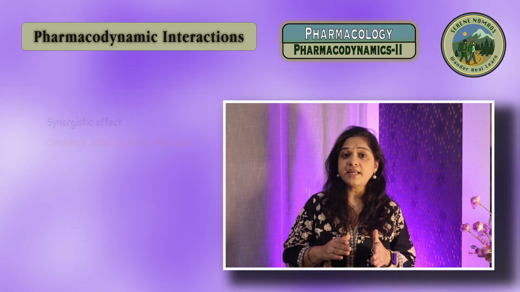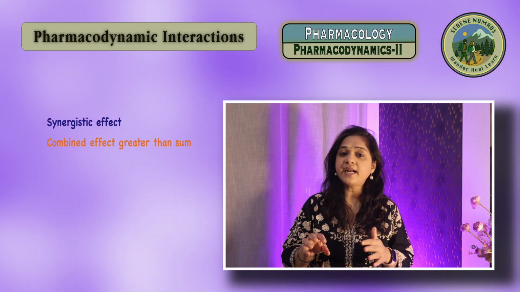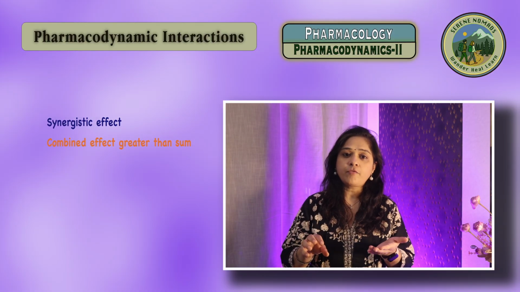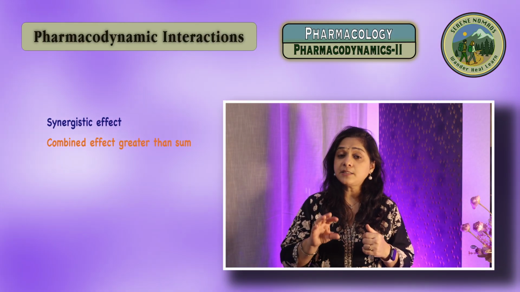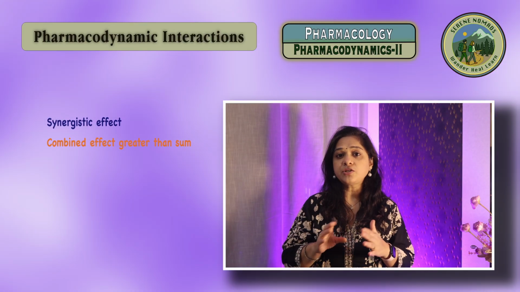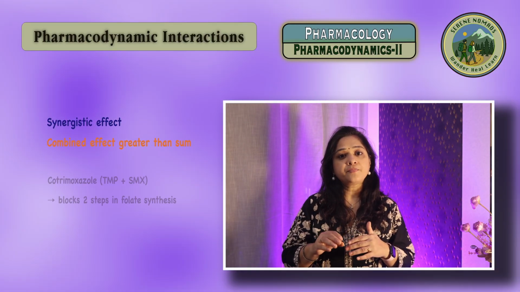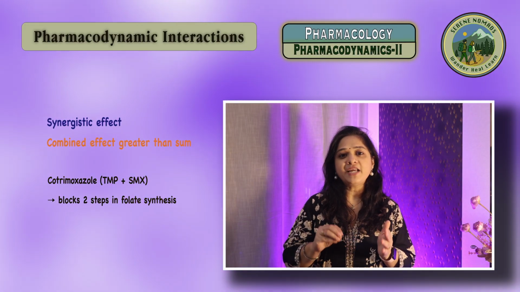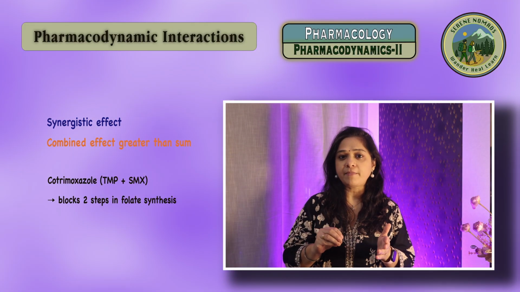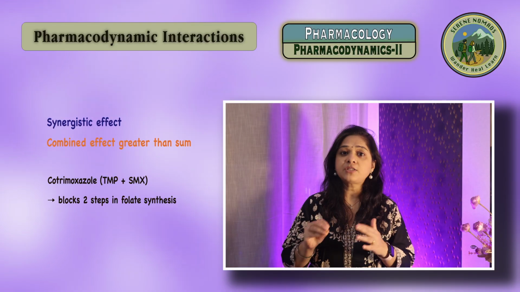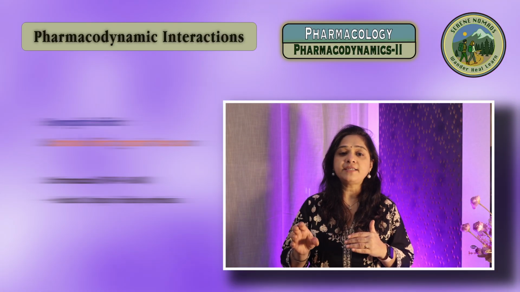In a synergistic reaction, the combined effect is greater than expected from the individual drugs. This is particularly useful in infections or cancer treatment. An example is cotrimoxazole, a combination of trimethoprim and sulfamethoxazole, which blocks two steps in bacterial folate synthesis.